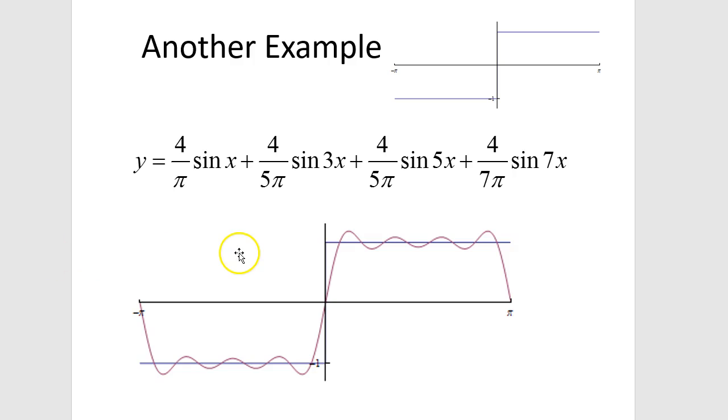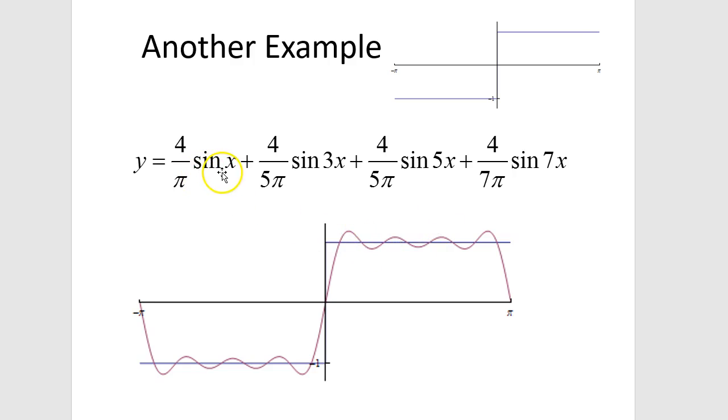Here's another example. If you have the sum of sine x, sine 3x, sine 5x, and sine 7x with these weird coefficients, then you can see that the graph mimics this step function. This step function takes the value of -1 before 0 and 1 after 0. So suppose you're given this function. The question is, what trig functions mimic this function as much as possible?